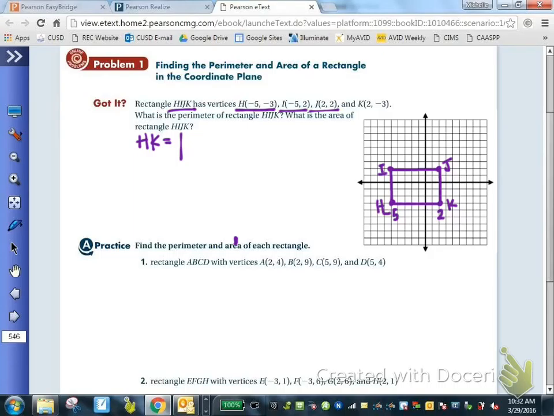So we're going to do the absolute value of -5 minus 2, which gives me the absolute value of what? -7. So the distance between H and K is 7. So if the distance between H and K is 7, what's the distance between I and J? Also 7.